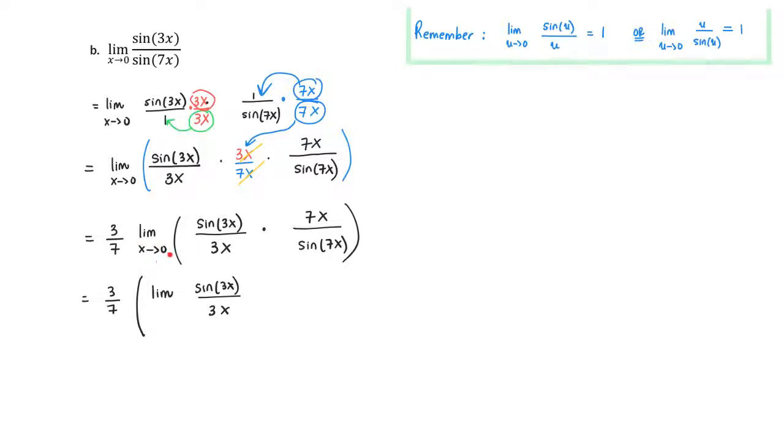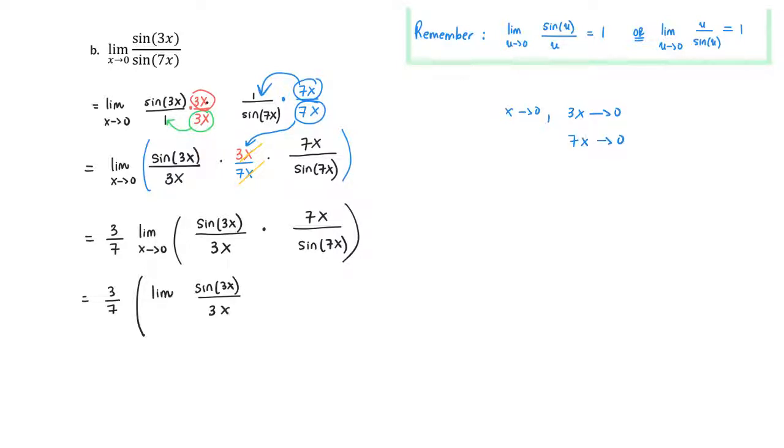Notice over here, as x goes to 0, 3x goes to 0. Please try to remember that. If x is approaching 0, 3x is also approaching 0. Similarly, 7x is approaching 0.